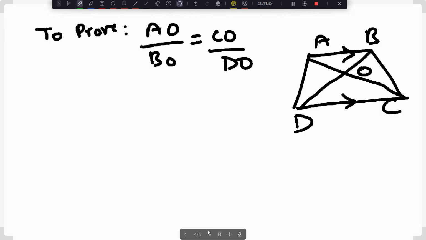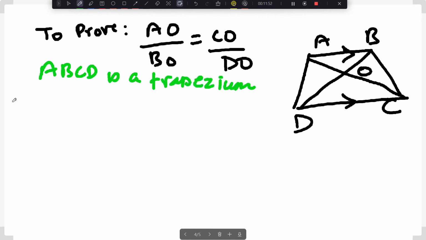Okay. Now next is this question. Here it says that ABCD is a trapezium. This is just a question which I'm writing. So now the answer. Trapezium में दे रखा है इन्होंने कि AB is parallel to CD.